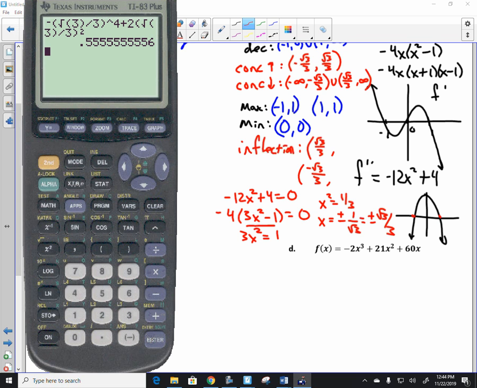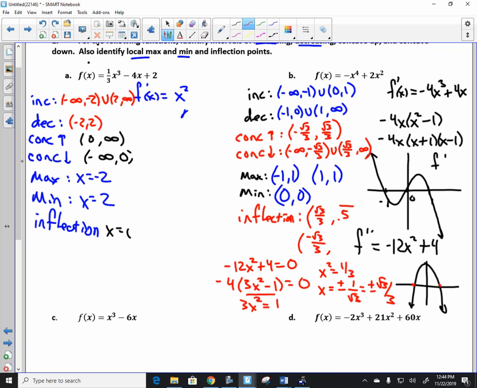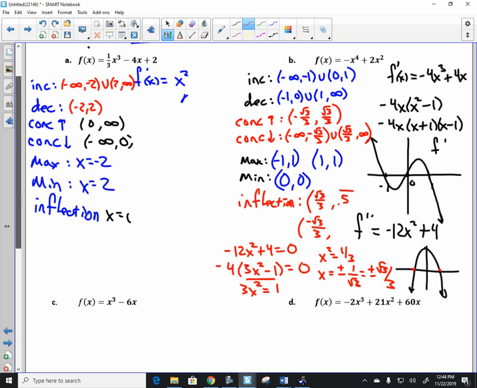I get 0.5 repeating. Everybody agree if I plug in a negative, I'm going to get the same thing? Okay. I get 0.5 repeating.